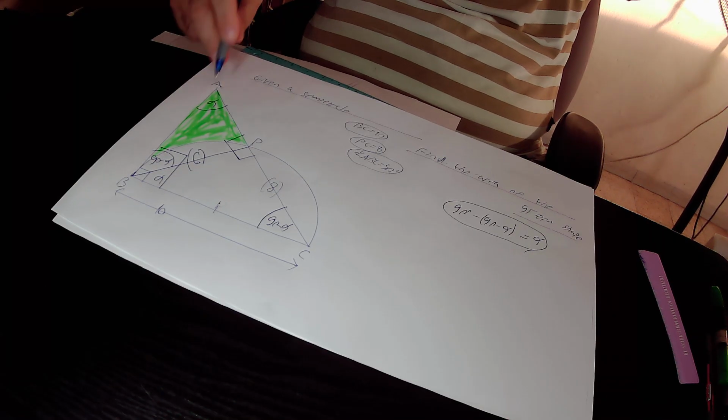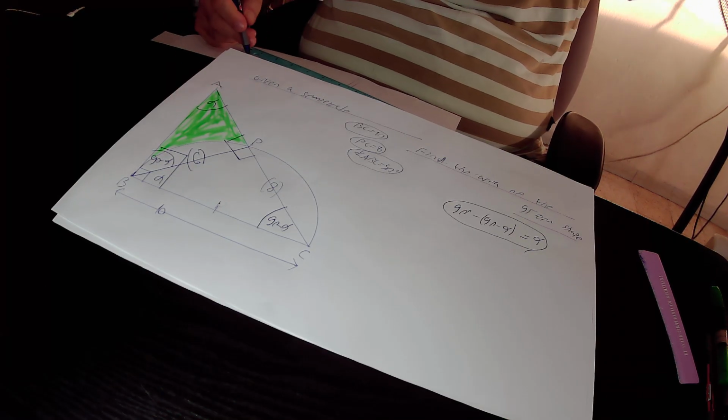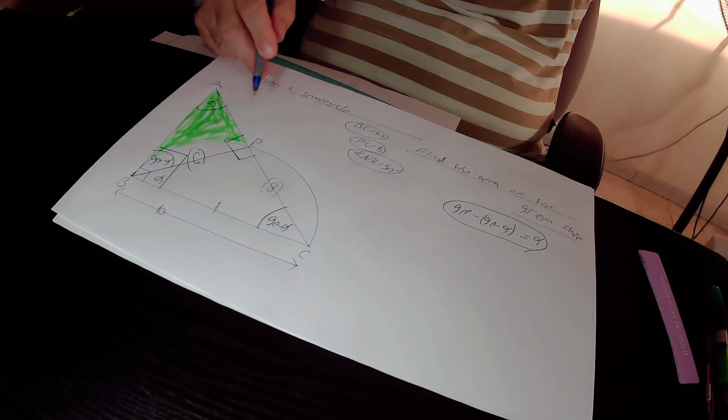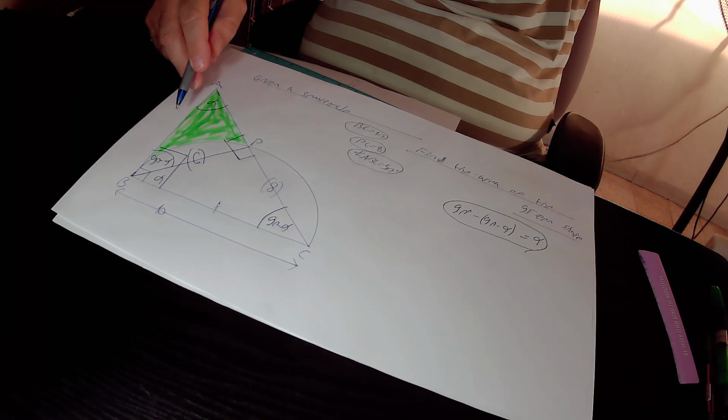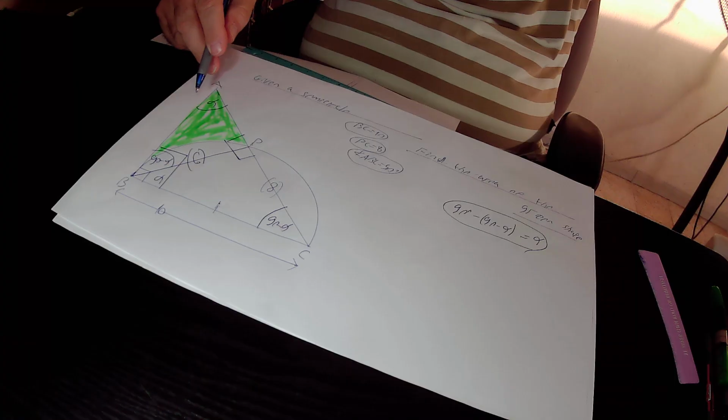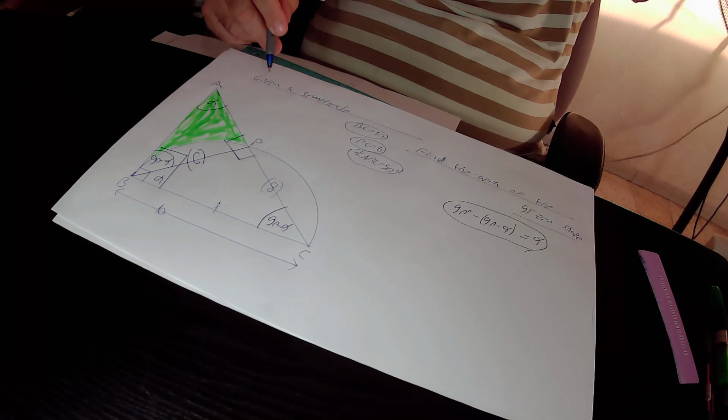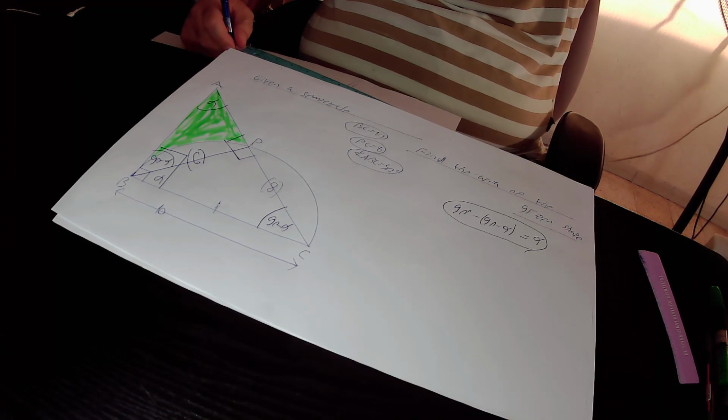Actually, PB is the common side that belongs to both triangles. So it is equal to side PB of the right triangle APB over side PC of the right triangle PBC.